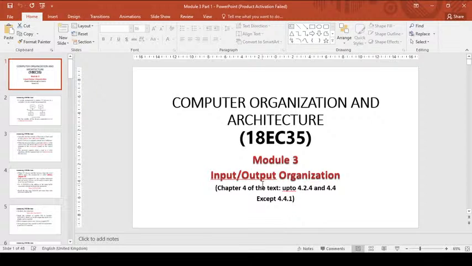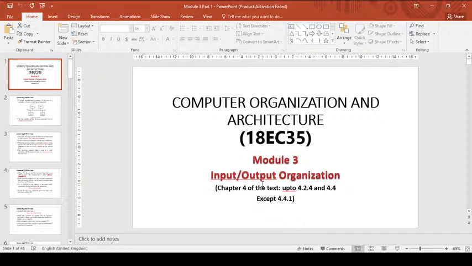So today we will start with Module 3. Module 3 is about input-output organization. Module 3 is from Chapter 4 of the textbook, Chapter 4 up to 4.2.4 and 4.4 except 4.4.1.